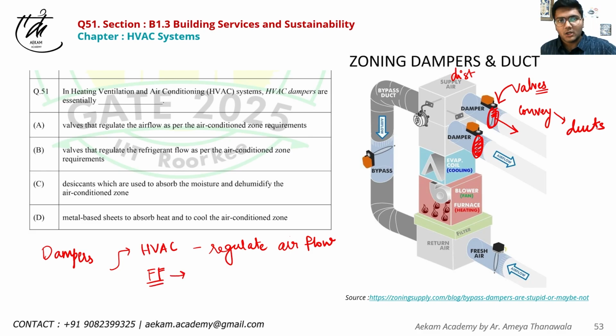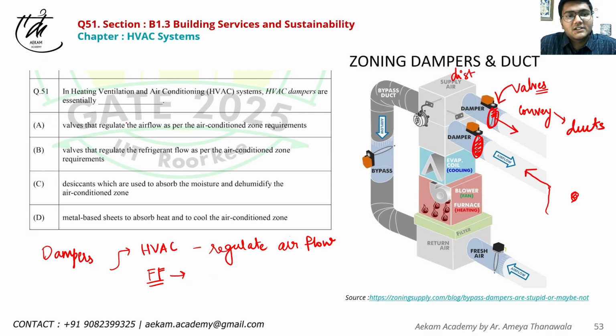Suppose there's a fire at this location and your return air grill will take in all the smoke, and it has a very big chance that it will be taking it back to your HVAC system. So in that case, your dampers are automated with your building management system, and they shut down or close down so that the transfer of smoke from one part to another part is prevented, and hence helps in a larger firefighting solution. So let's check out the options.